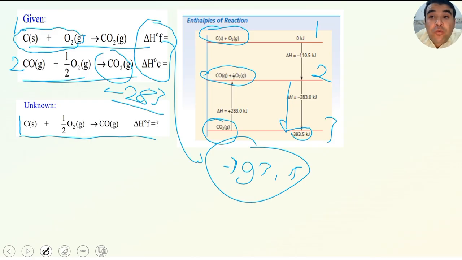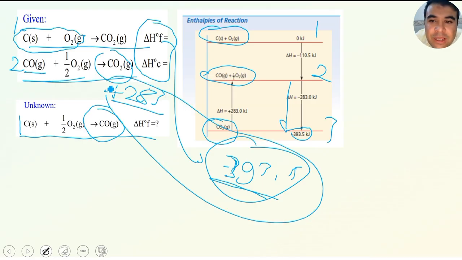So we rewrite this the same, minus 393.5. But for carbon monoxide, in the overall equation it is in the product, but in the step it is in the reactant. So we should reverse the enthalpy of this from negative to positive, and then add them. That results in the enthalpy of the overall equation.